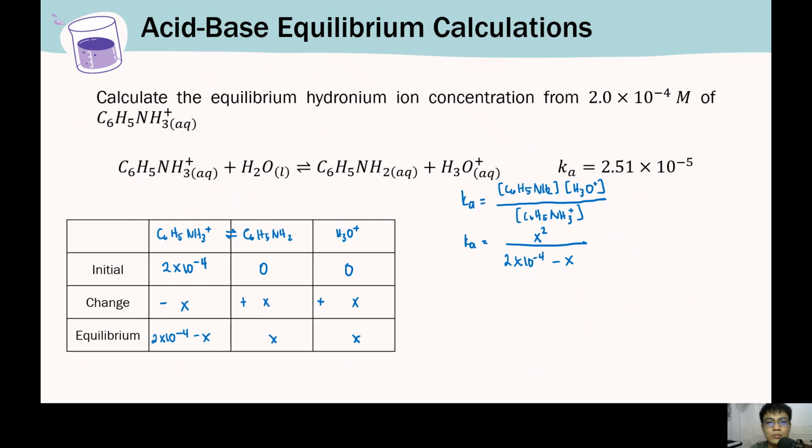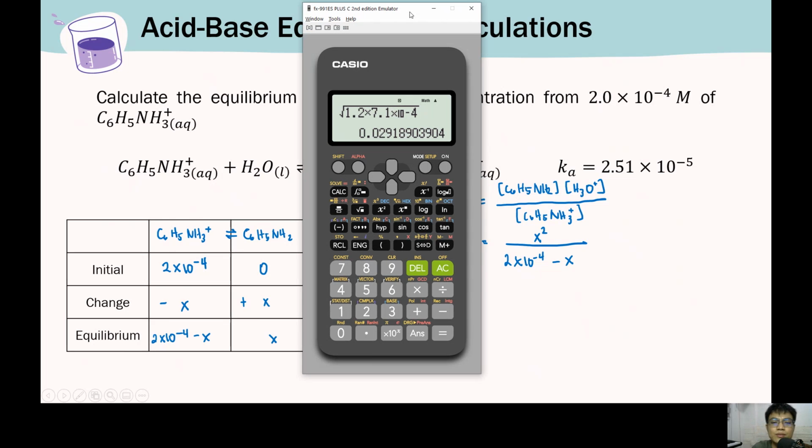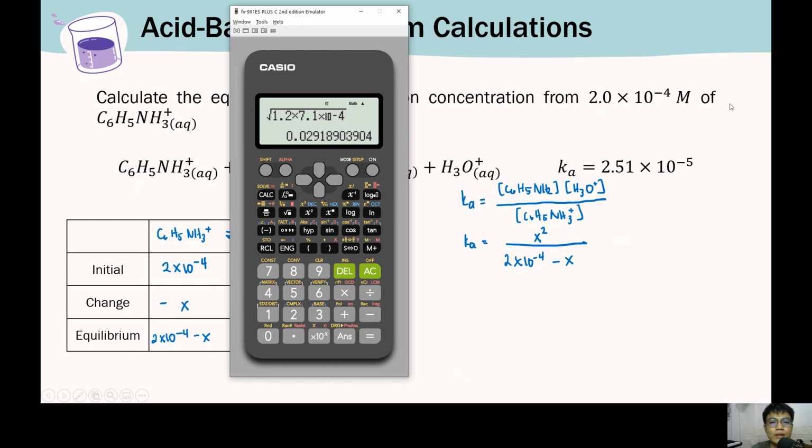Before we proceed, let's check first if the square root of CHA times Ka can be used. Can we use the small x approximation? To know if the small x approximation will work, all we have to do is divide this concentration by the Ka. If that's greater than 1000, then we can use the shortcut. But if not, then we have to do the quadratic equation.